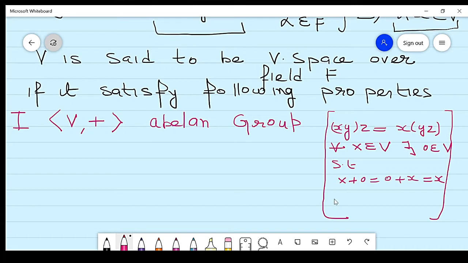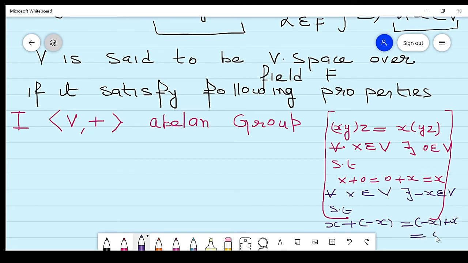The third is existence of additive inverse: for every x belonging to V, there exists minus x belonging to V such that x plus minus x is equal to minus x plus x, which is equal to 0.